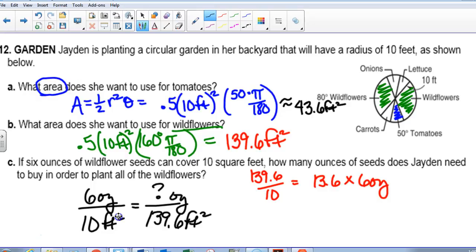Is that a proportion? Oh. You win, Trey. So 84 roughly? Yeah, it's like 83.7 ounces, but I'm thinking she'd just buy 84 ounces of wildflower seeds.